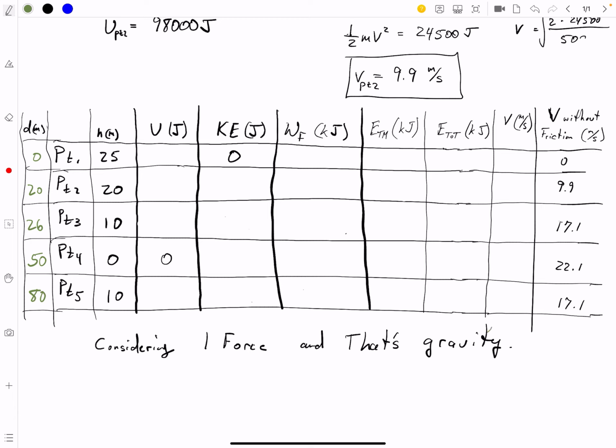Okay, here's our work of friction right here. We figured out the work of friction at point 4, 6.25 kilojoules. We can do the same thing. I'm going to just do the work of friction column. And you know what? I deleted our potential energies, and I probably shouldn't. We have nothing but potential energy at the top.